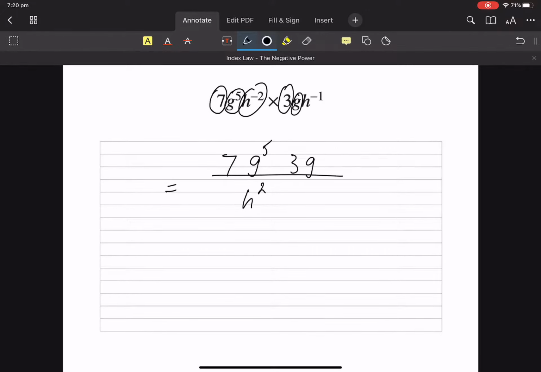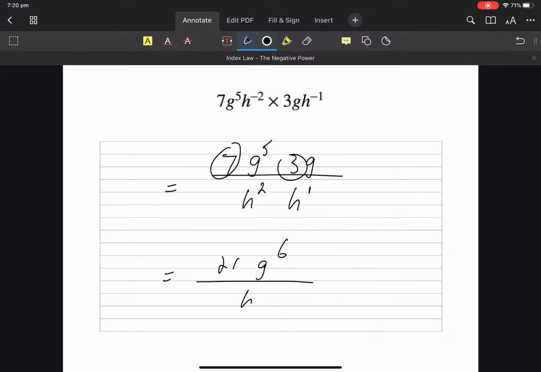The g stays on the top. And the h goes to the bottom. When it goes to the bottom, that negative disappears. So 7 threes, 21. There are 6 g's and 3 h's.